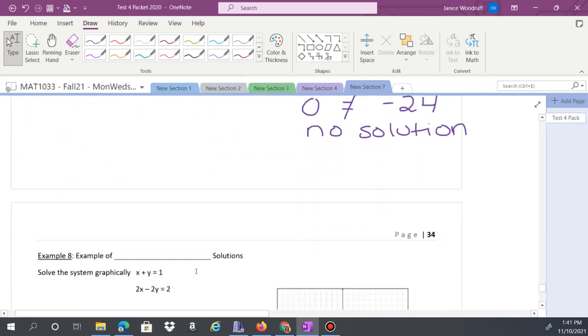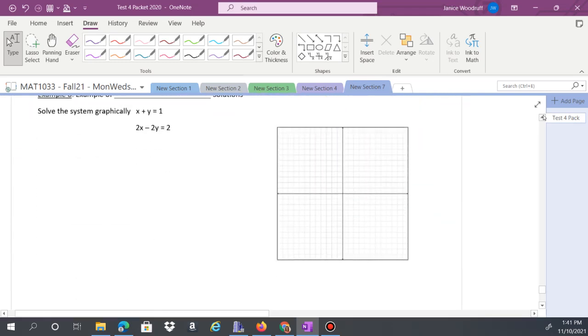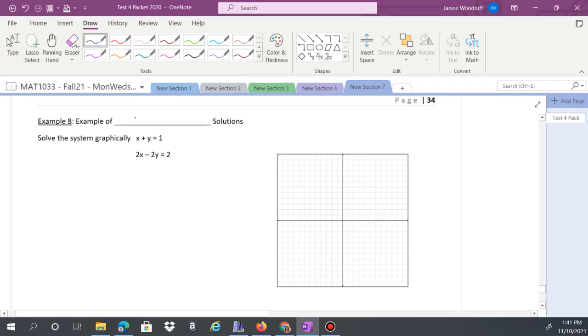Okay, so let's look at now an example of where we have infinitely many solutions. Okay, so let's graph these lines. So I have the first line, x plus y equals 1. I could graph that in standard form just with your x and y intercept if you wanted, but if I solve for y, I get y equals negative x plus 1.